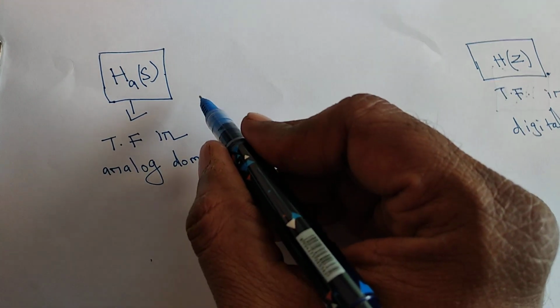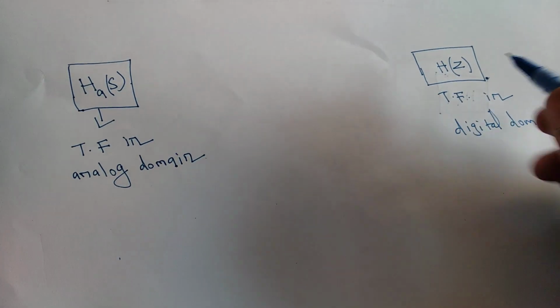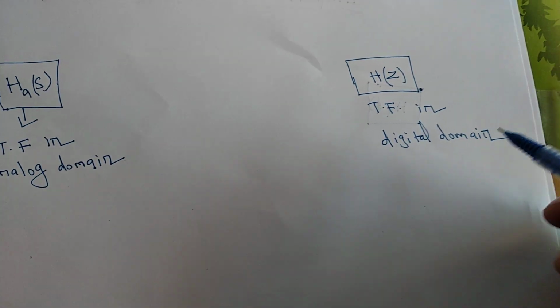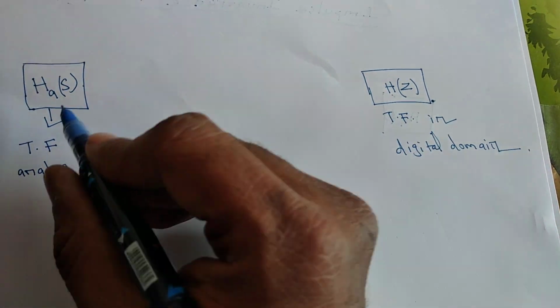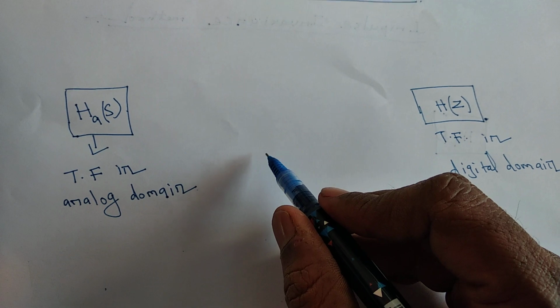So our input is H of s, the transfer function in analog domain, to obtain H of z, the transfer function in digital domain. In between this, let us see what are all the mappings that are involved in this transformation.